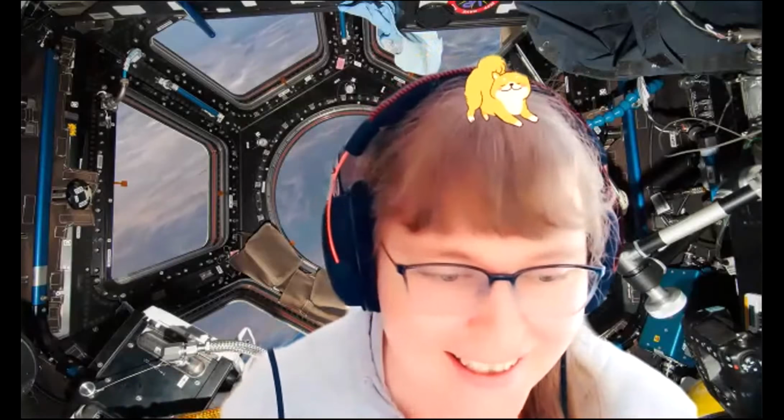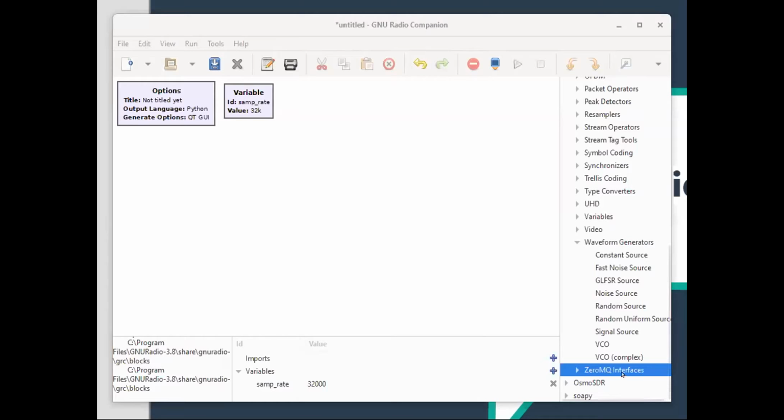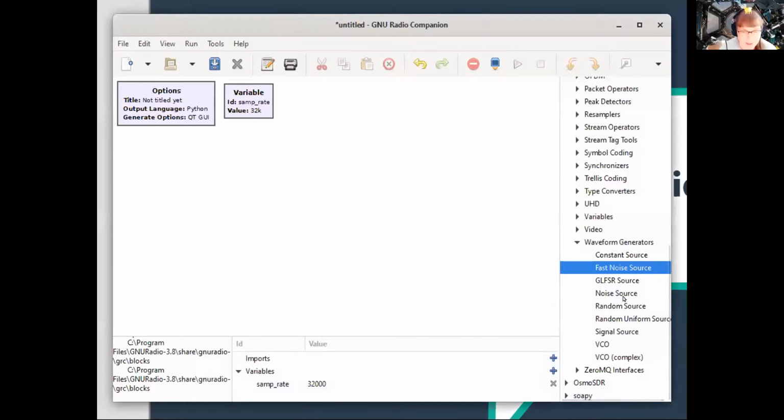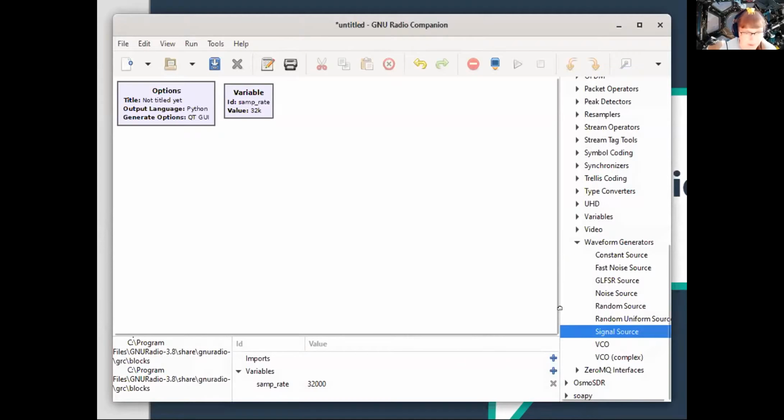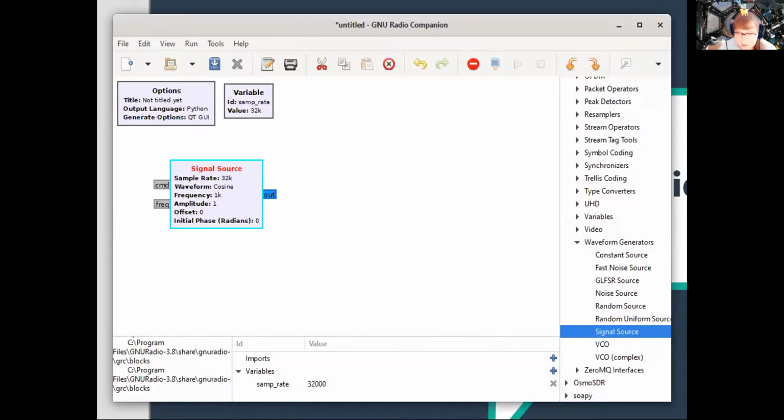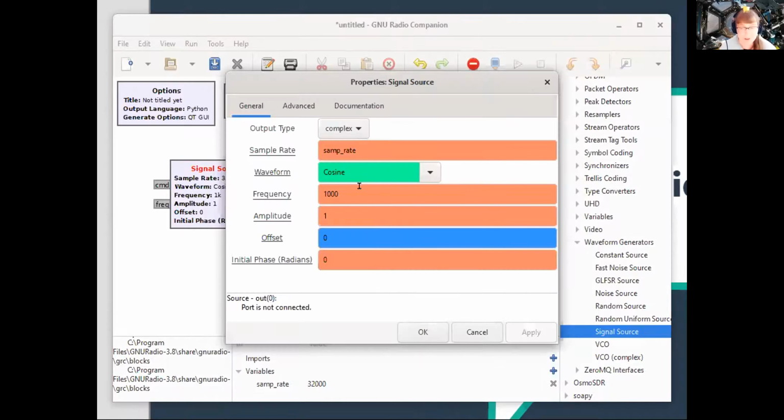That's interesting. All right, so we go to Waveform Generation, and we're going to go to a signal source. I'm going to just drag that on. Double click. Awesome. We're going to double click on the signal source, and we're going to set it to what we want it to be.